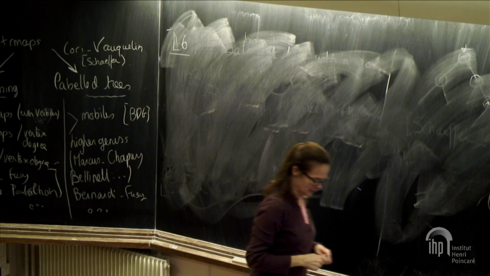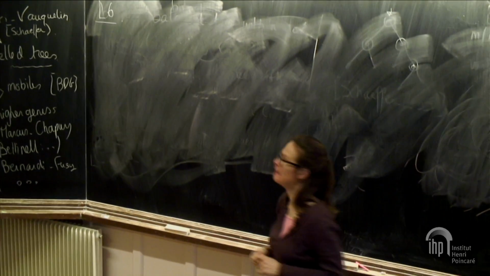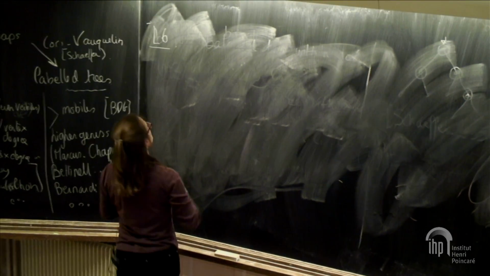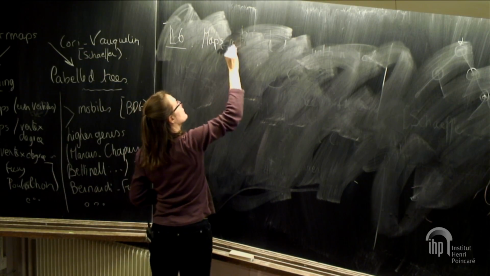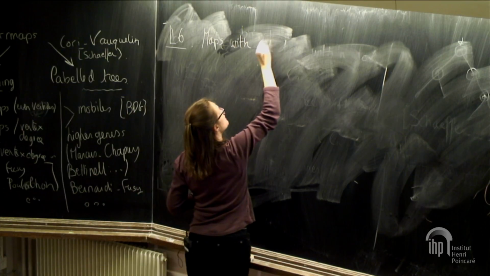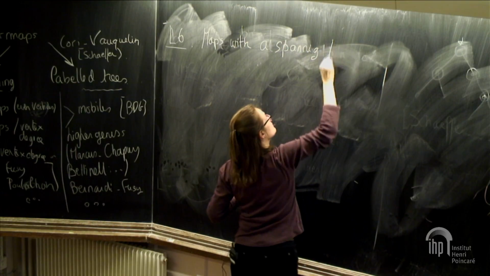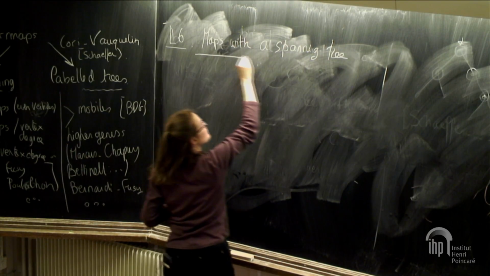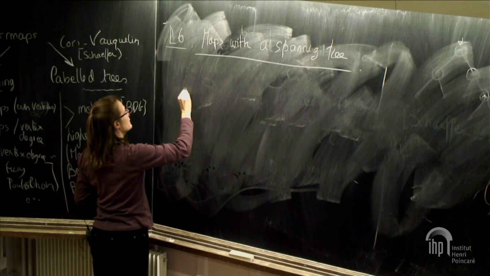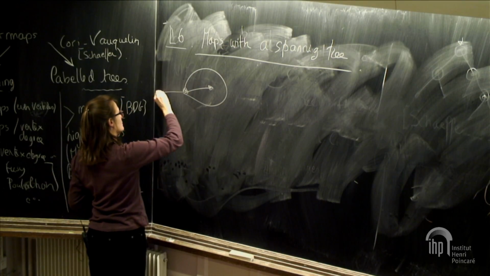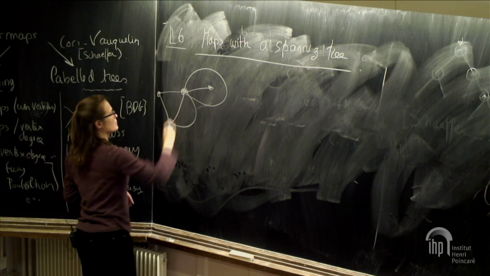So we want to now consider maps that carry some additional structure. And the first thing we're going to look at is maps with a distinguished spanning tree. So let me take a rooted map.